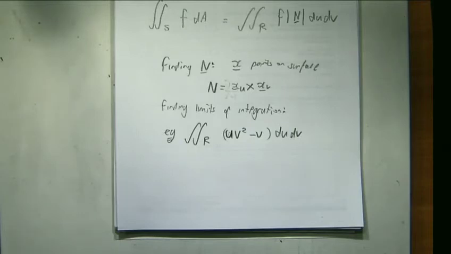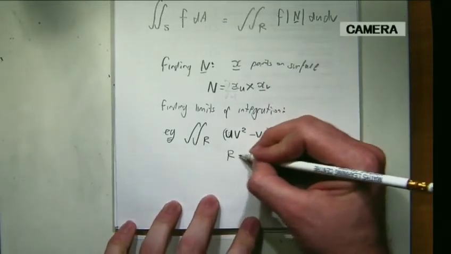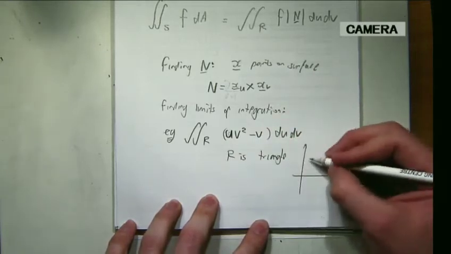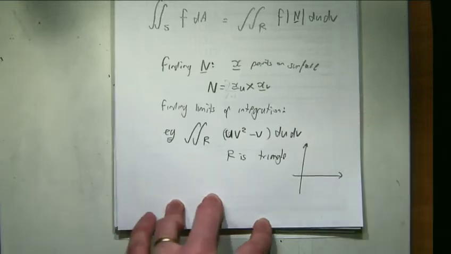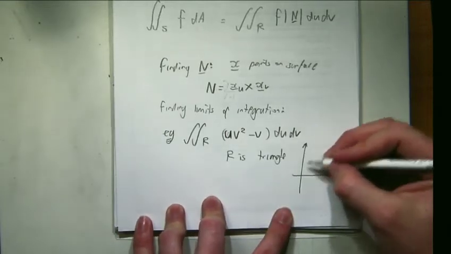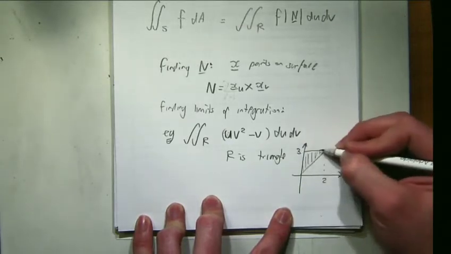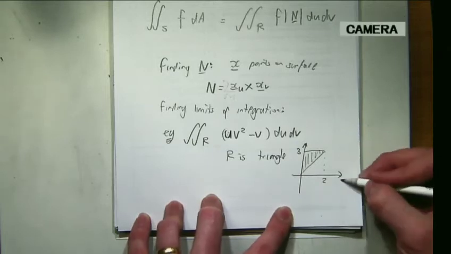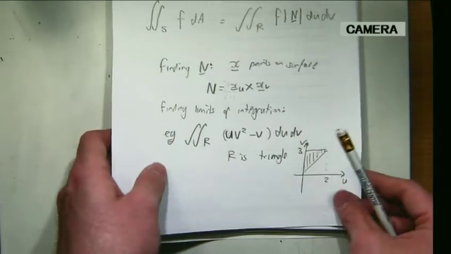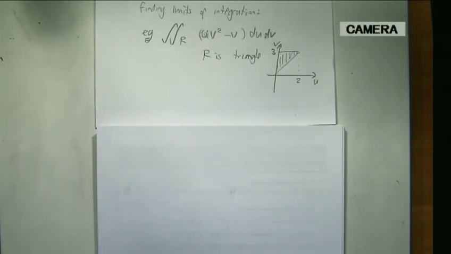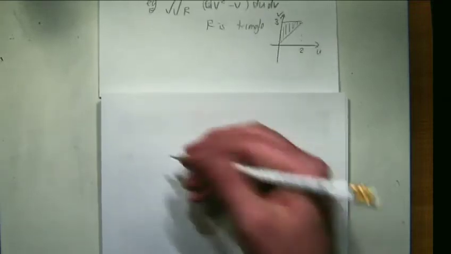Okay, and your region is maybe this. Let me draw that triangle there. It's 2 on the u-axis and 3 on the v-axis. So you need to slice that into slices. I'll draw it bigger so that we can think about it.